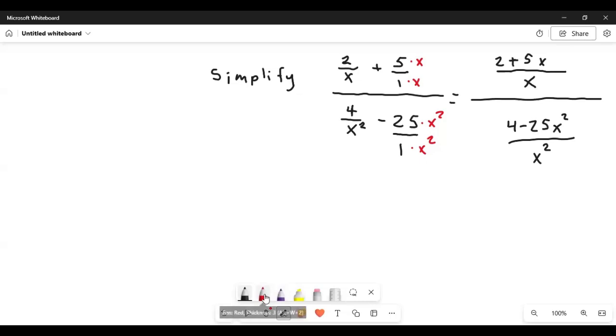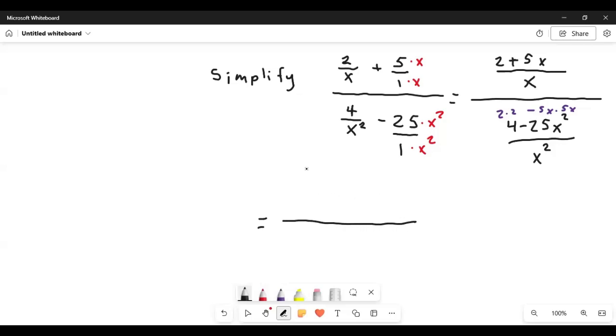But wait, we can do more with this 4 minus 25x squared. 4 is really what? It's a 2 times 2. And negative 25x squared is technically a negative 5x times a 5x. This is a difference of squares that we can factor.